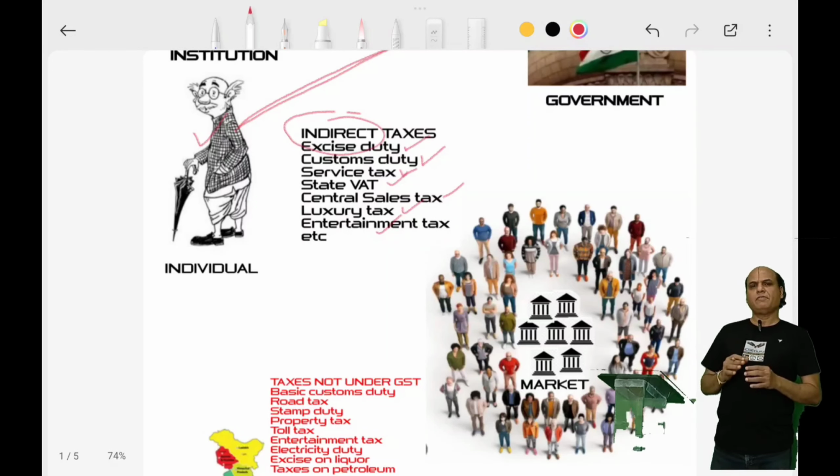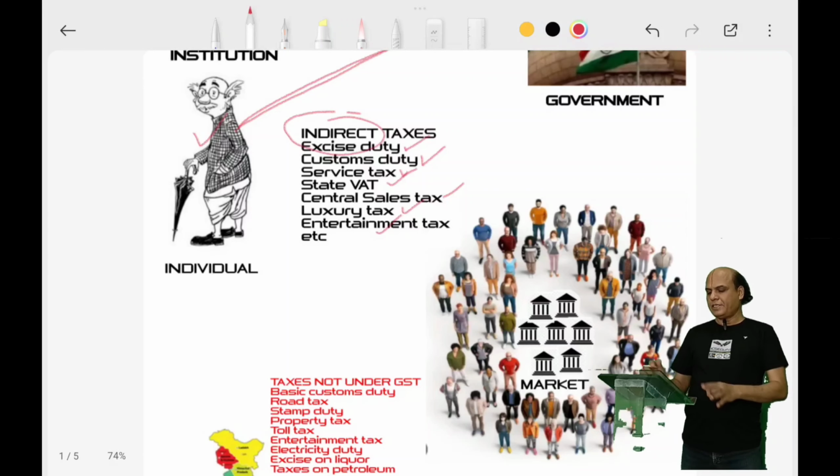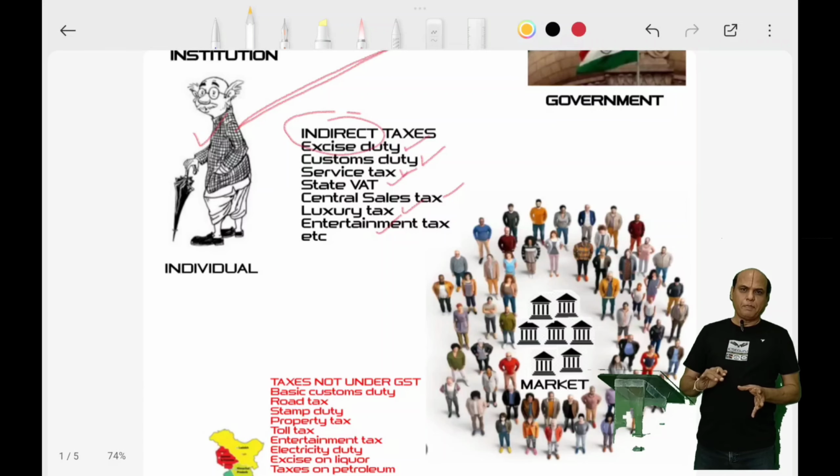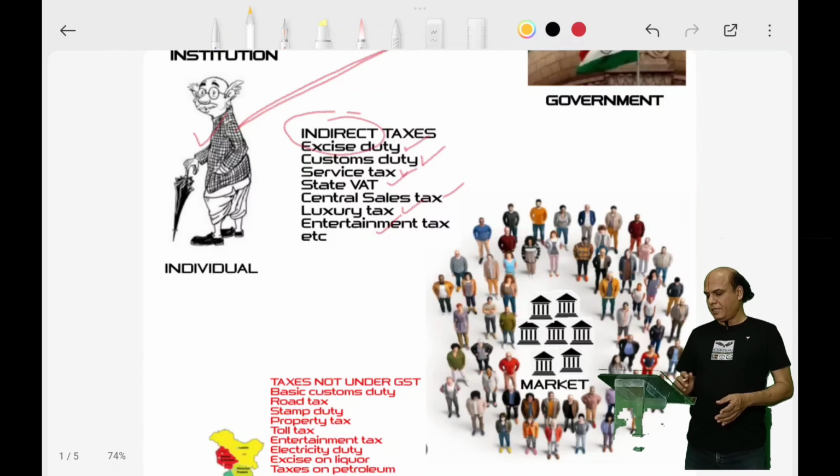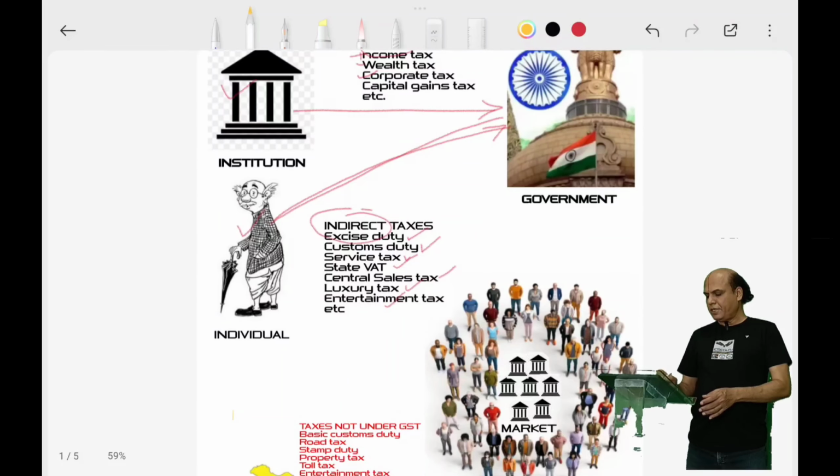Now why do we call them indirect taxes? Unlike the previous tax where the individual or an institution paid directly to the government, in case of indirect tax, for example, this individual, if he is selling some goods in the market to this person, he will collect tax from him.